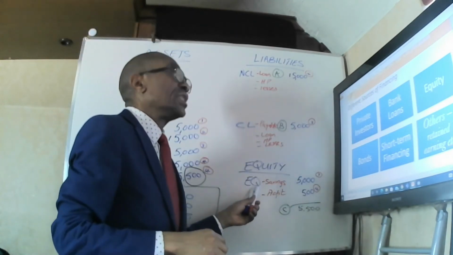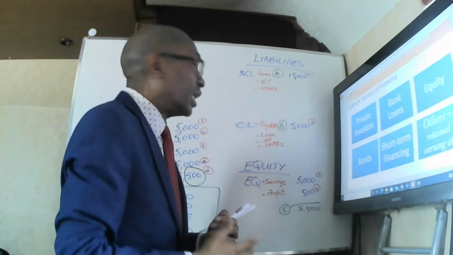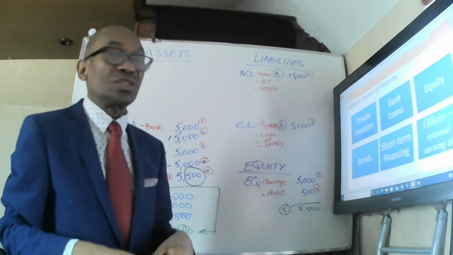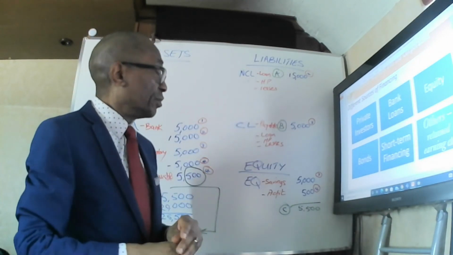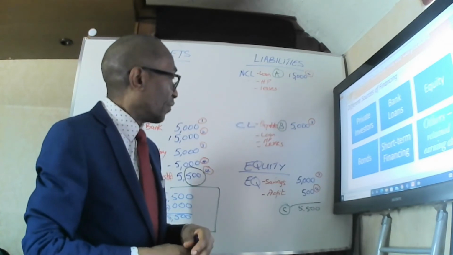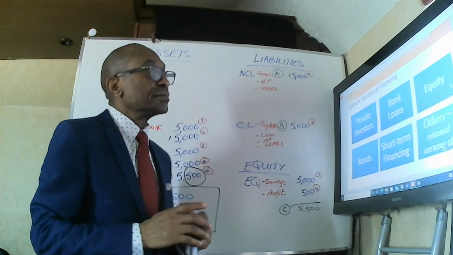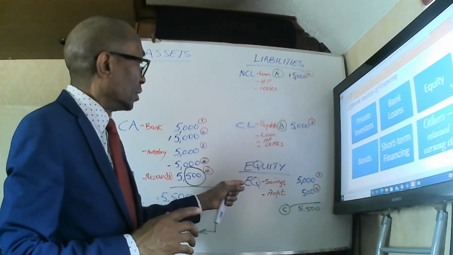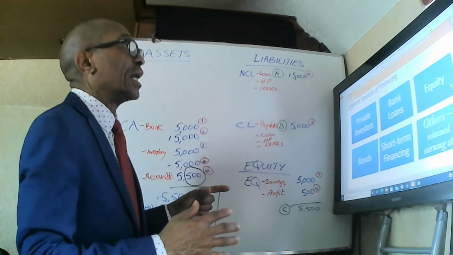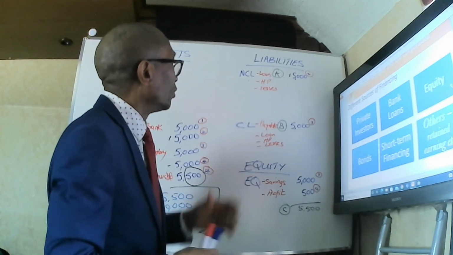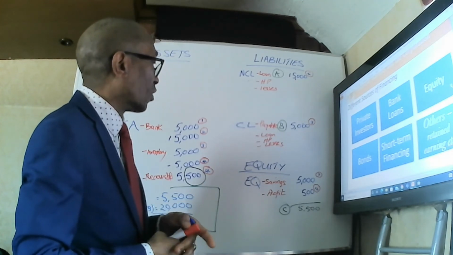Equity, I mentioned here already. If you are quoted in the stock market, you can get an initial public offer. Then this can actually be traded in the market for those who want to sell them. That's for a listed company.